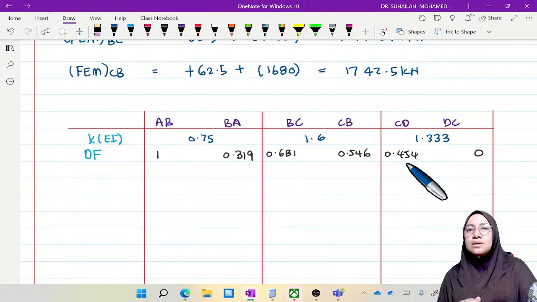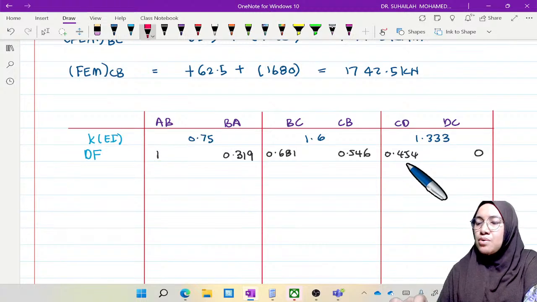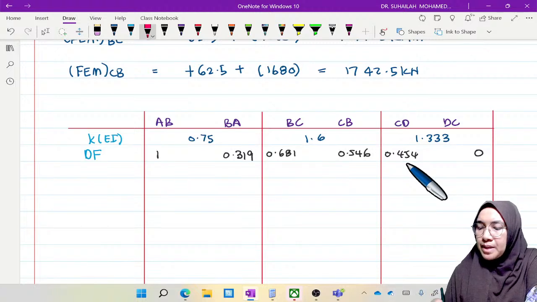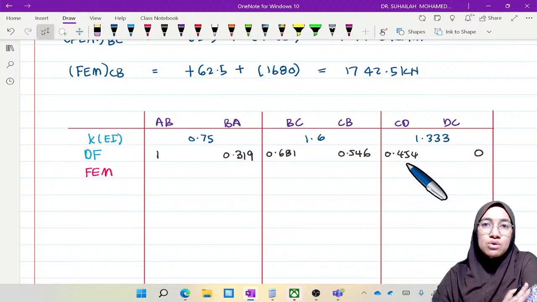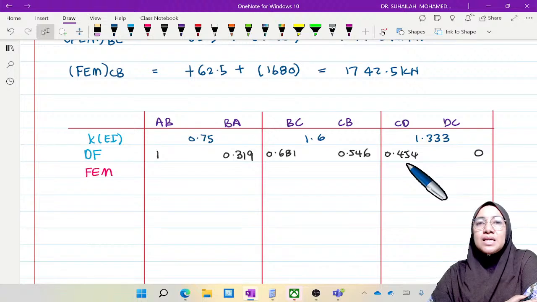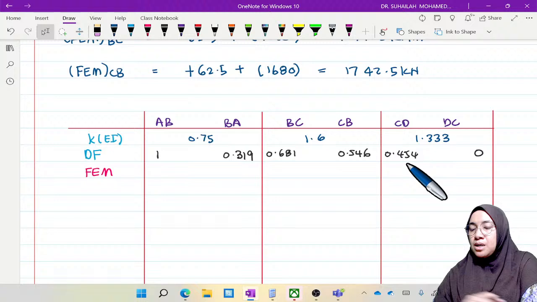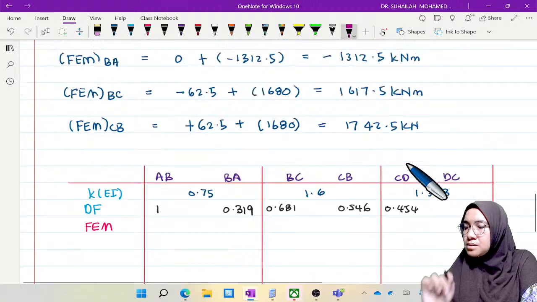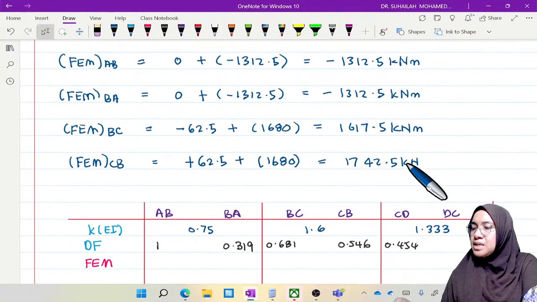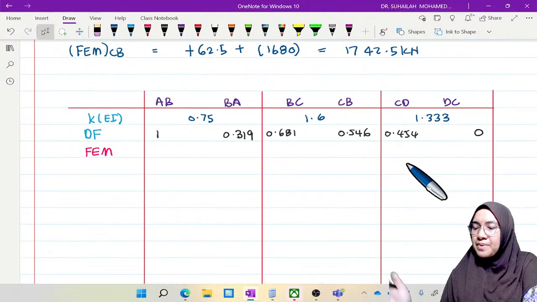Okay, now the fixed end moments. We want to put in the fixed end moments that we have calculated, considering both effects, external loading and support settlement. FEM for AB is negative 1312.5.